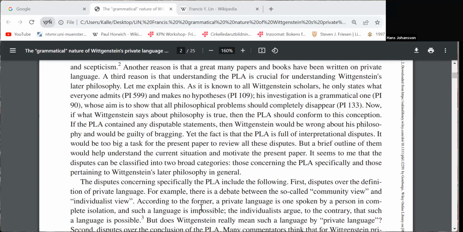Yet the fact is that the PLA is full of interpretational disputes. It would be too big a task for the present paper to review all these disputes, but a brief outline of them would help understand the current situation and motivate the present paper.